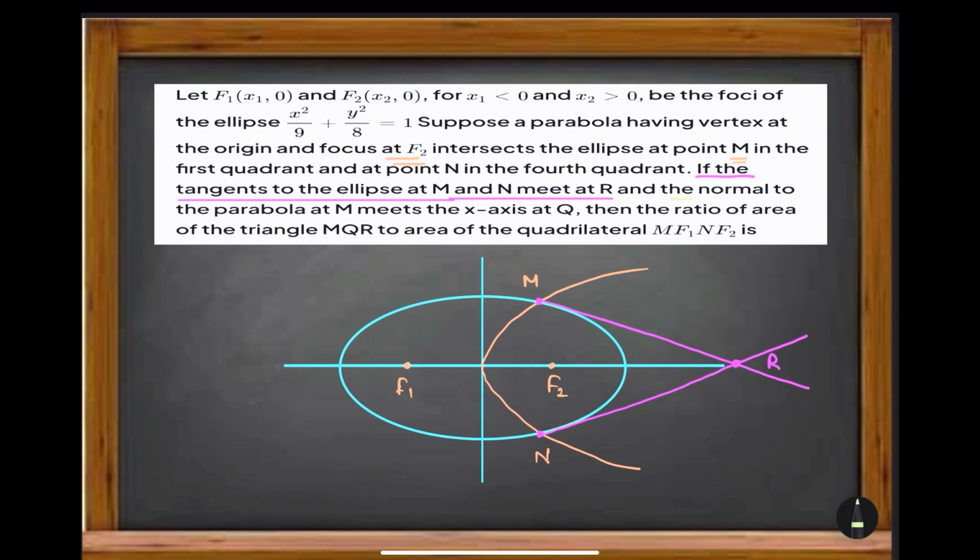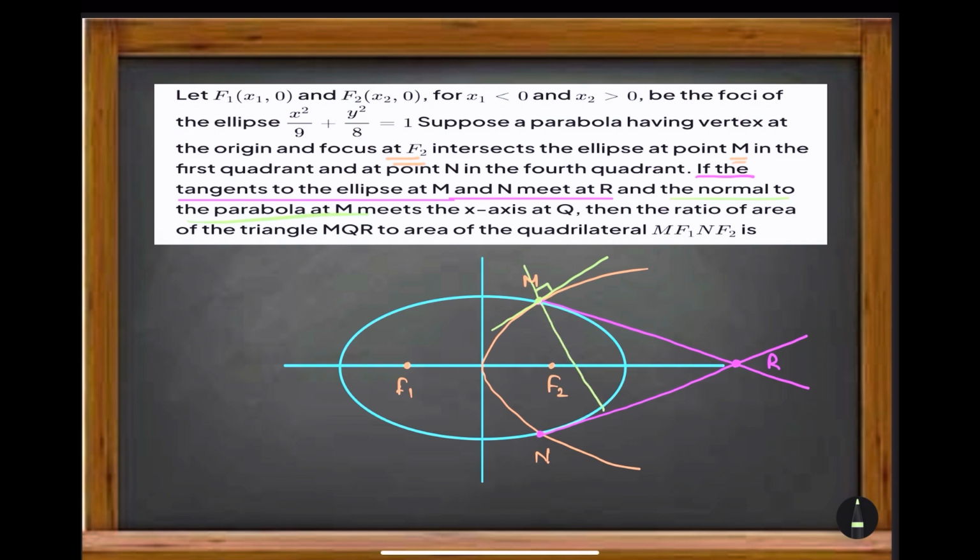We will figure it out because we have both the points now. And normal to the parabola at M. So at M you have to put normal. So it will meet the x-axis at Q. Suppose that it's a parabola, so you will draw tangent and then you will draw normal.